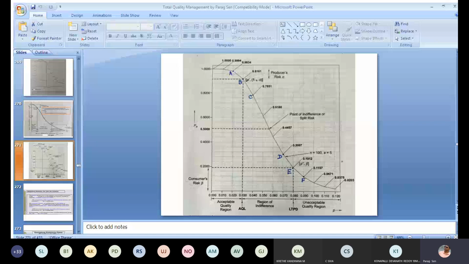But it is not possible in practice that these kinds of errors, this kind of rejection or wrong identification due to sample variation, will not take place. It will take place. But we can minimize the risk. We can minimize the risk only.